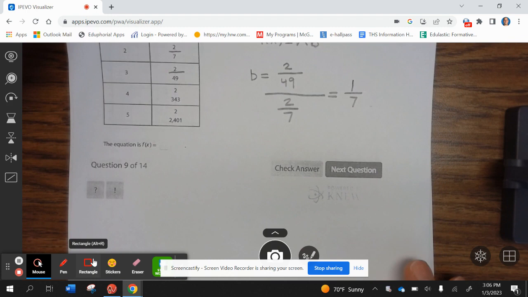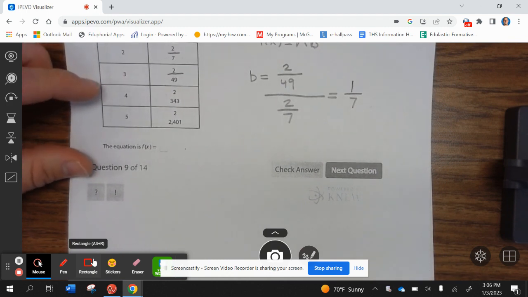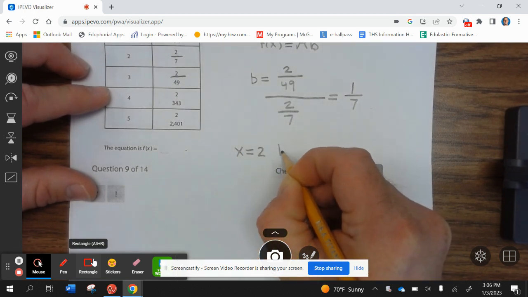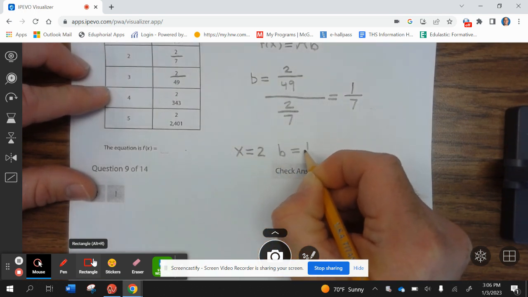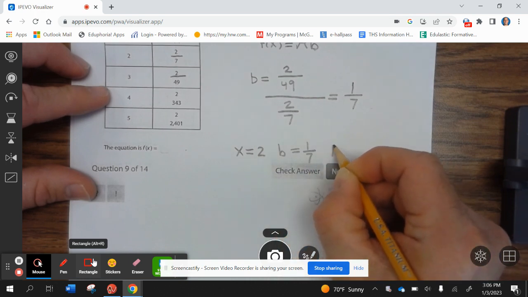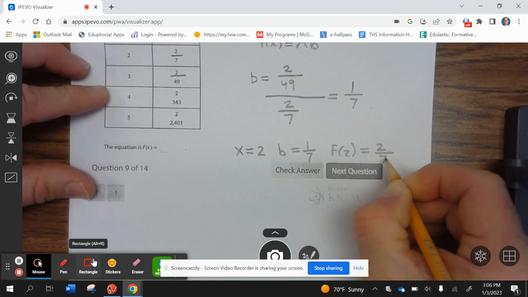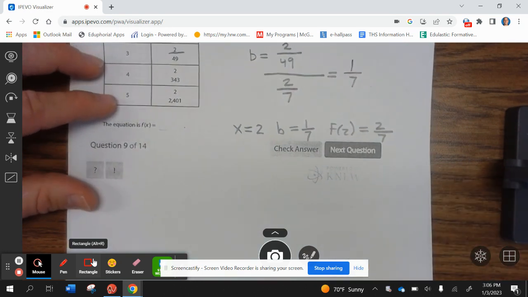Okay, so we're going to use x equals 2. We know that b equals 1/7, and we know that f of 2 equals 2/7. We're going to plug those into the equation.